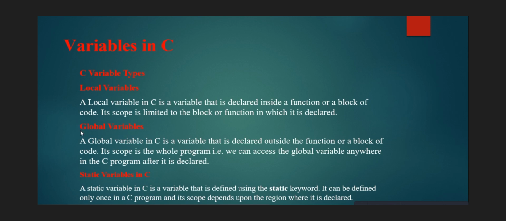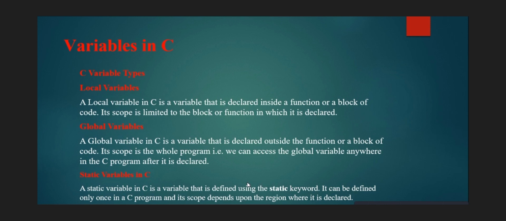Next, global variables. What is a global variable? A global variable in C is a variable that is declared outside the function or a block of code. Its scope is the whole program. That is, we can access the global variable anywhere in the C program after it is declared.